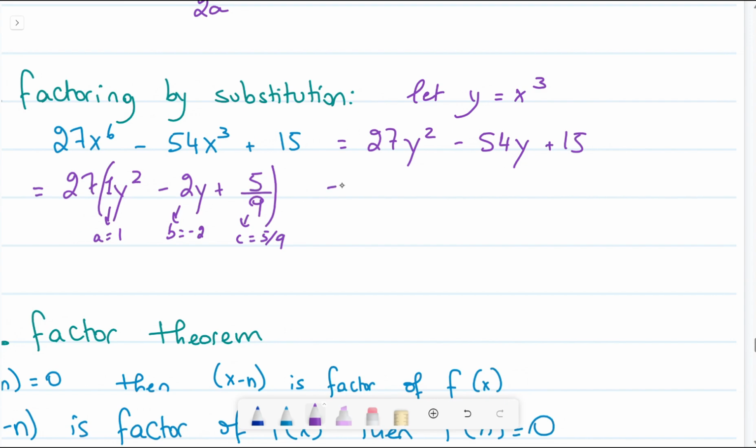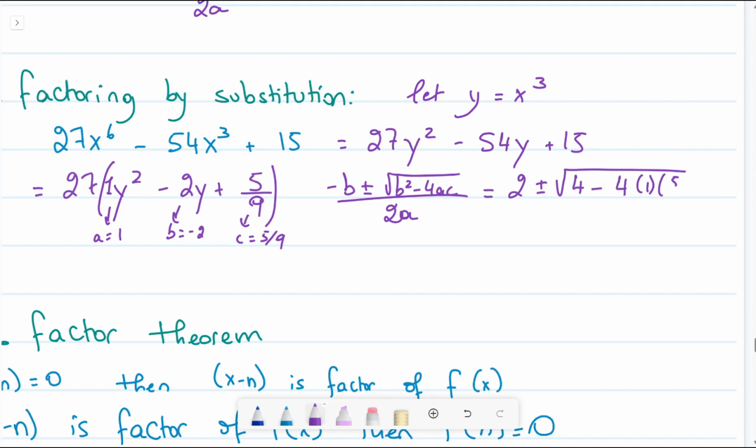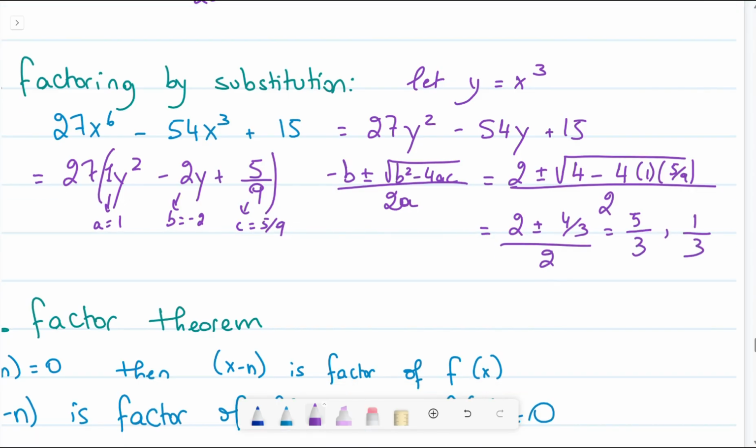Because of that, I can use the formula negative b plus minus square root of b squared minus 4ac over 2a, which gives me negative b is negative of negative 2, so 2, plus minus a square root of b squared, negative 2 all squared is 4, minus 4 times 1 times 5 over 9, divided by 2a, so 2 times 1, which is 2. This becomes 2 plus minus 4 over 3, over 2. I get two answers, the first one being 5 over 3, and the second one being 1 over 3.